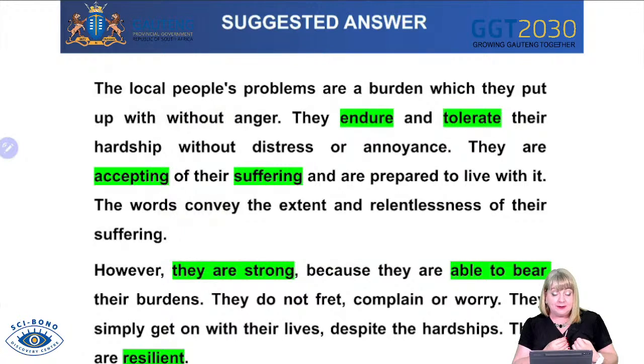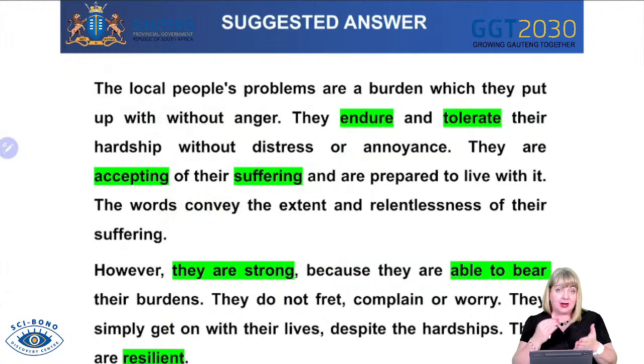They endure and tolerate their hardship without distress or annoyance. They are accepting of their suffering, and they are prepared to live with it. The words convey the extent and the relentlessness of their suffering. Okay, so you're going to talk about those particular words that you've chosen.